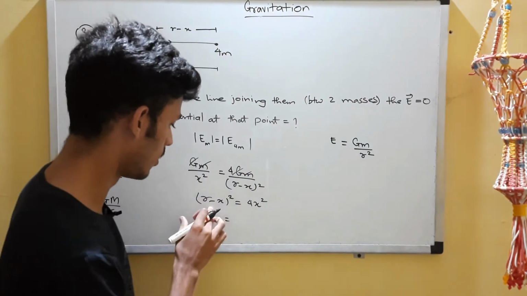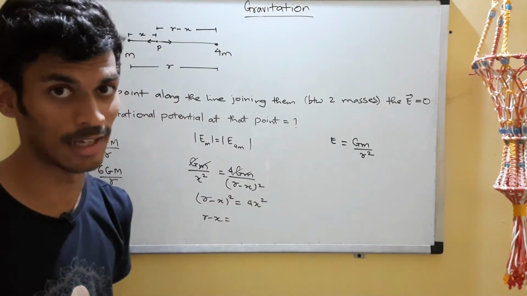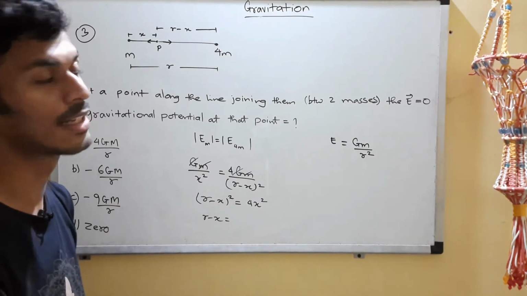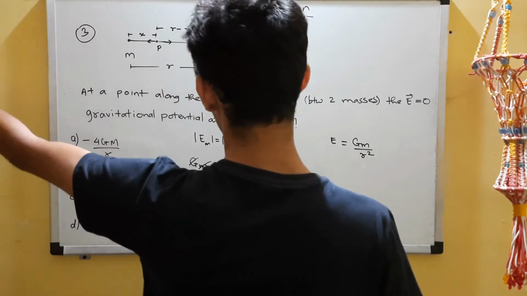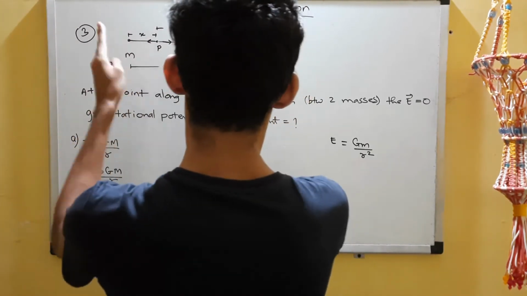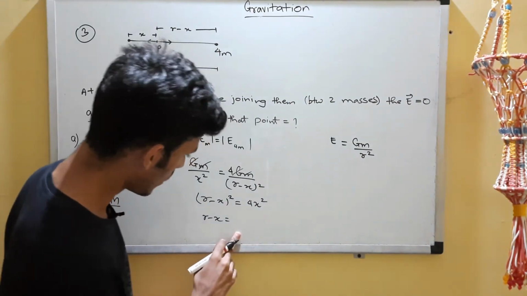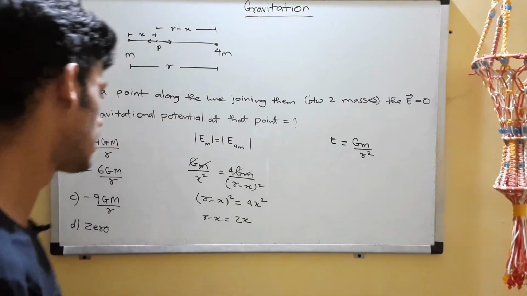Also, you can expand this and make it a quadratic and then solve for x. In that case also you'll get two values, and you have to discard the negative value, which is basically a value on this side. We want point P between the two masses, right? So I'm just discarding the negative value, and I'll get this thing.